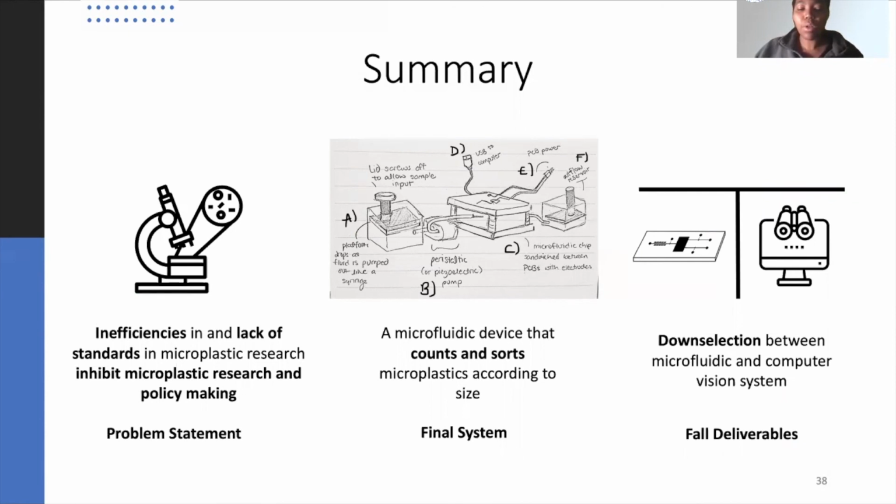But for now, with the system being able to count and sort, we want to then be able to enter into the section as well, where with this information, the researchers and stakeholders are able to identify the microplastics. Once this is done, we'll have more information on how dire the situation is all over the world, and researchers could use this to quickly get results.